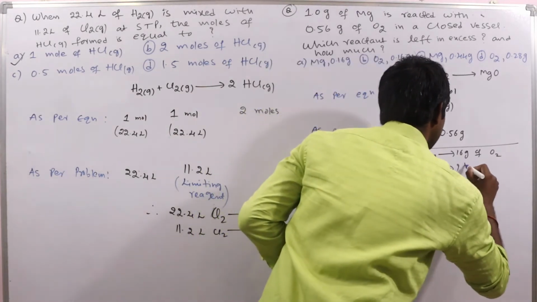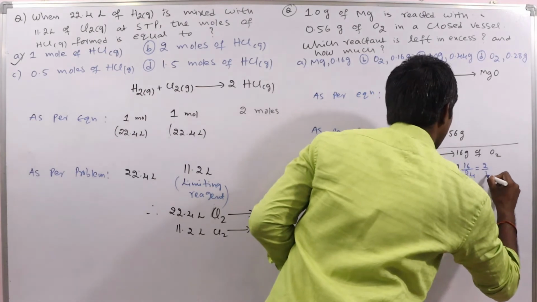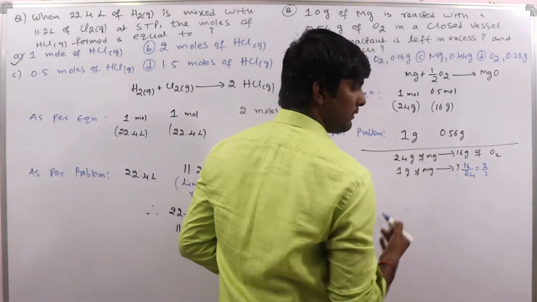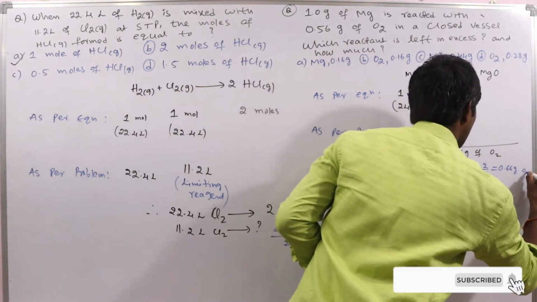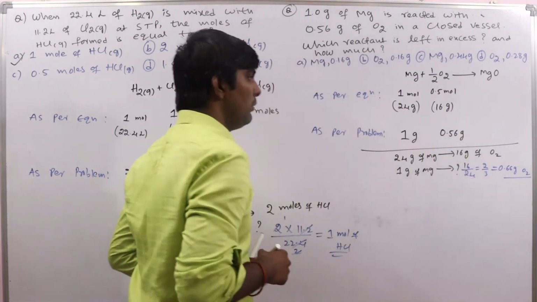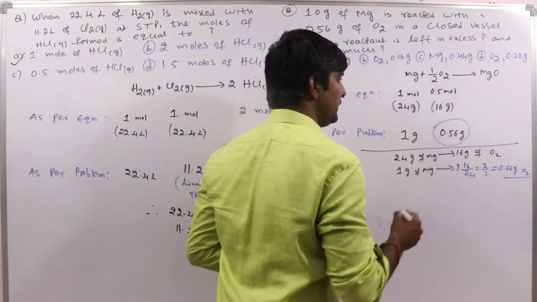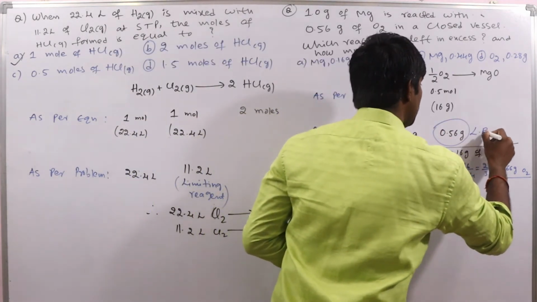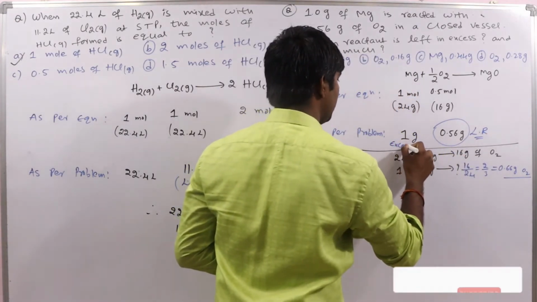That is 16 by 24, which is nothing but 2 by 3. So we get 0.66 gram oxygen is required. But how much is provided? Just 0.56. So this is the limiting reagent, and this is the excess reagent.